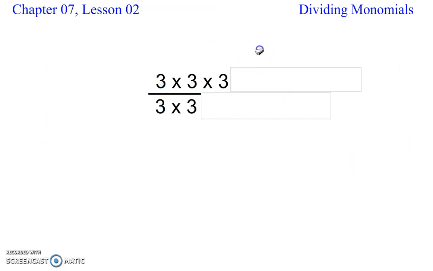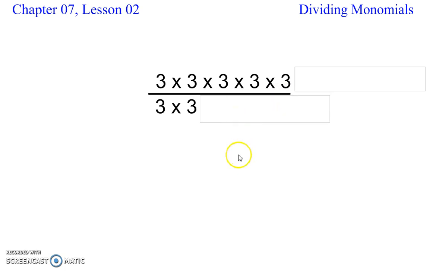Let's go to, how about 5 factors of 3 over 2 factors of 3. That sounds good. So that's 3 to the 5th power over 3 squared.